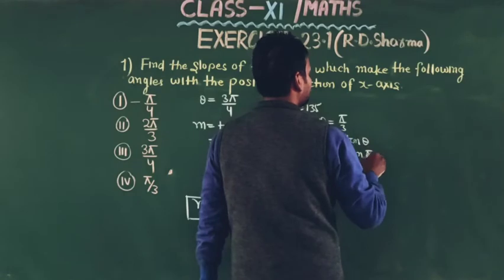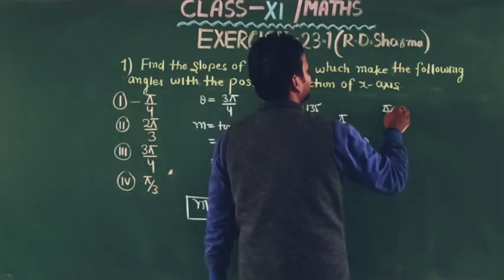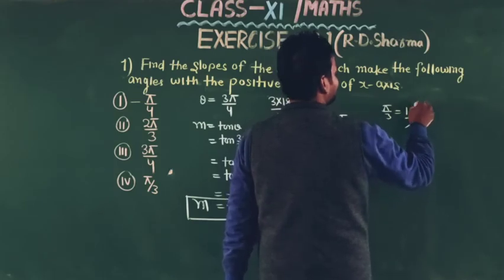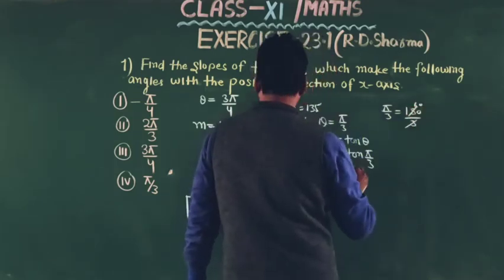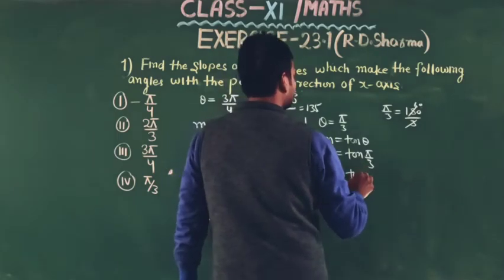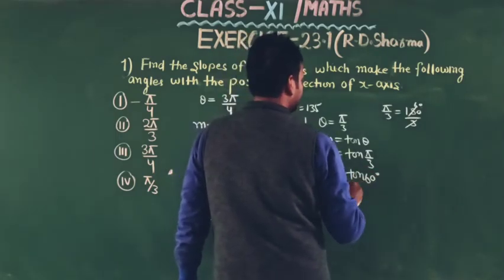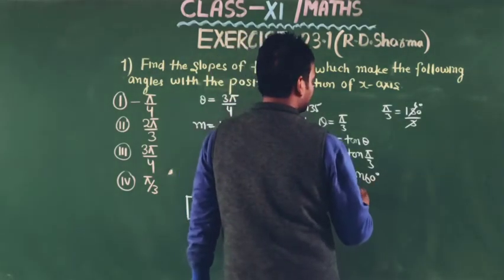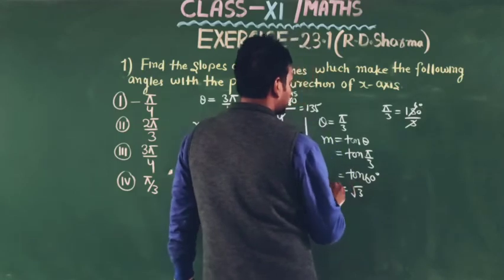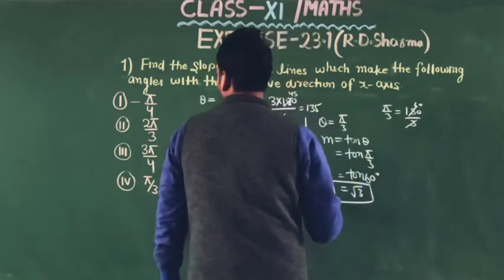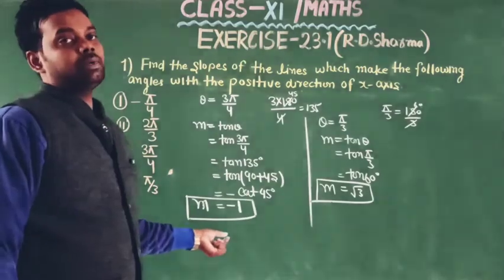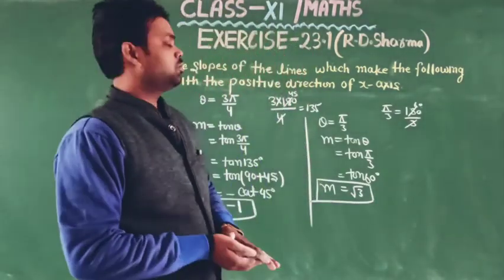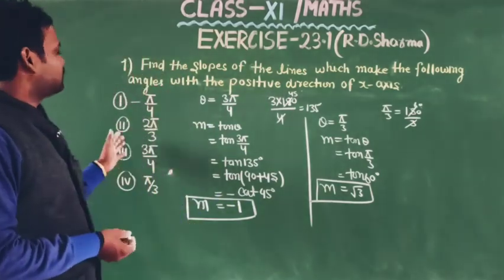Pi by 3 means 180 degrees divided by 3, which is 60 degrees. The value of tan 60 degrees is root 3. So the slope of a line that makes an angle pi by 3 with the positive direction of the x-axis is root 3. This is the required answer of question number 1.